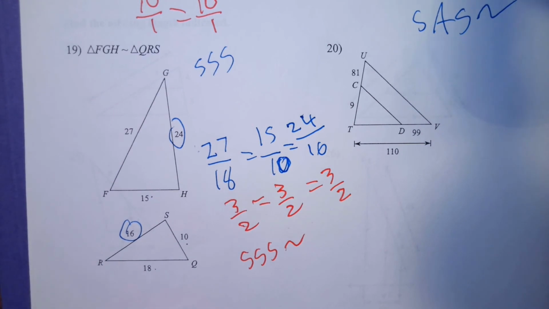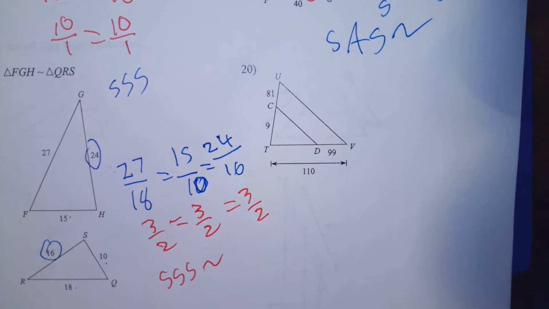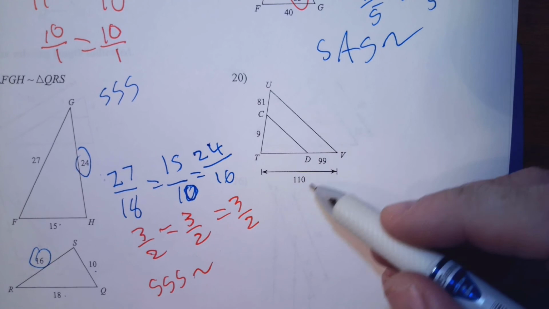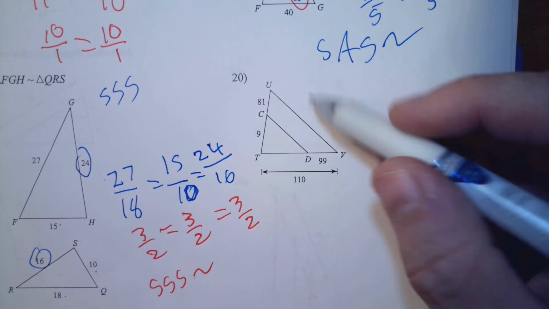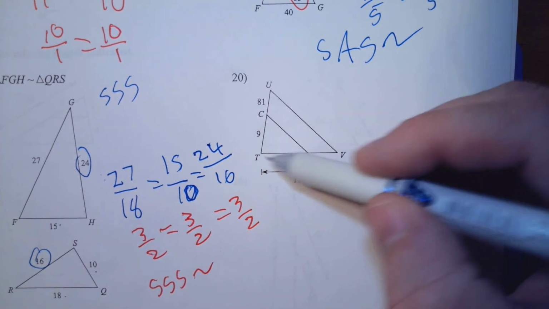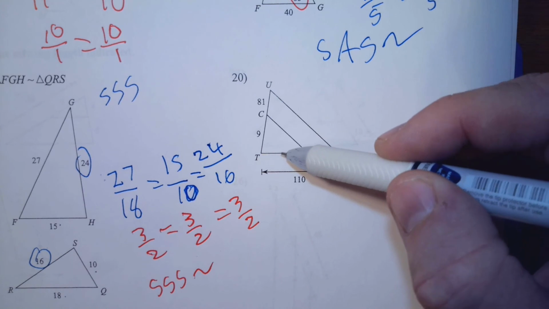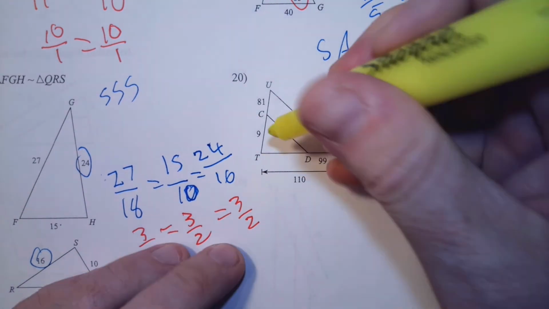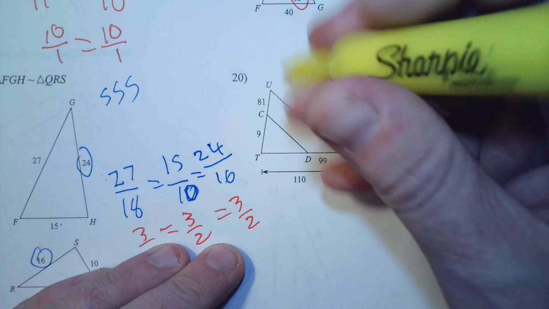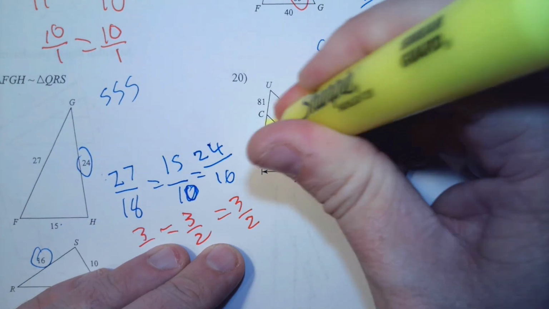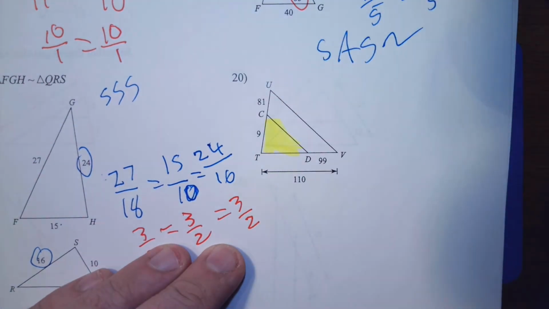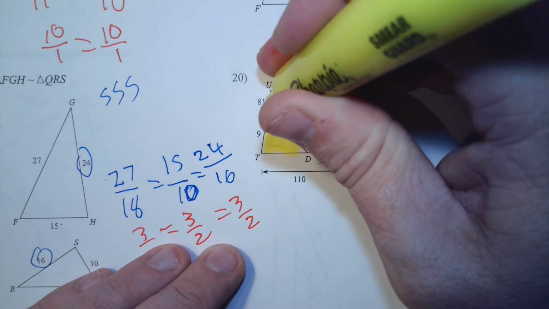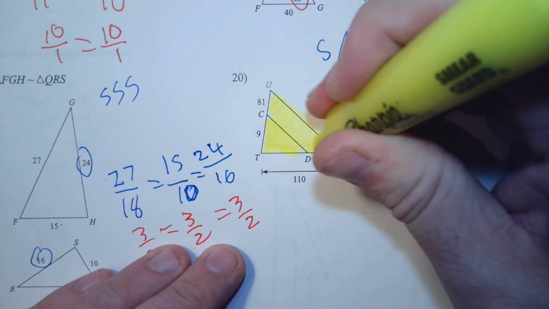Okay, 20, last one. This one you actually have to do a little bit to it. Because we're basically comparing the small triangle, like this part. I'll draw it. We're going to compare this triangle, it's a small triangle, to the bigger triangle, which is this whole thing.